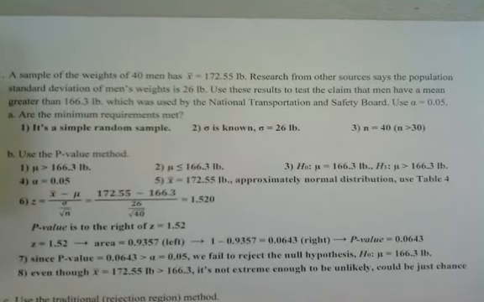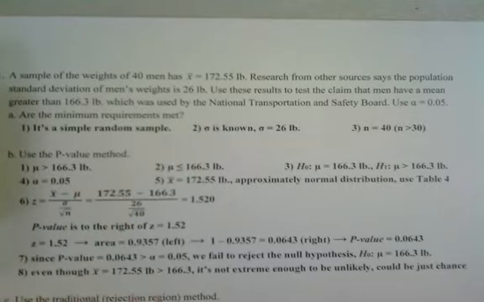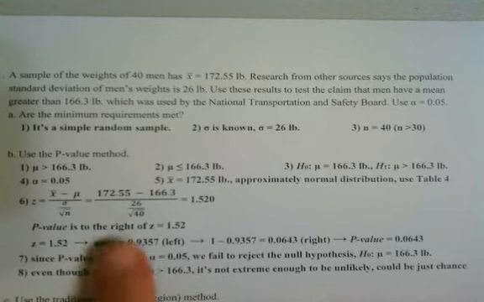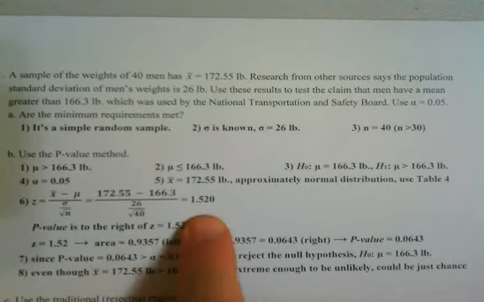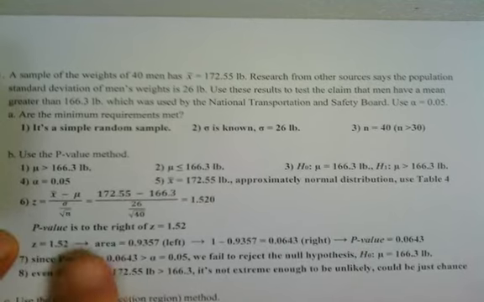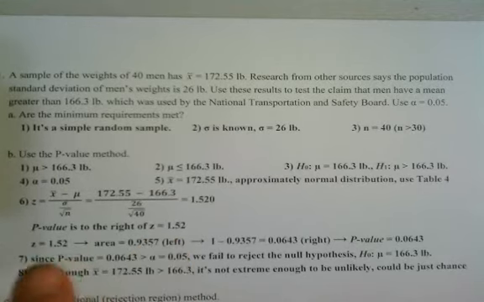Step 6, now we figure out our test statistic. So 172.55, that's from the sample. 166.3, notice that's from the claim. 26 over the square root of 40, we get a 1.52. The p-value will be to the right because of the greater than. The p-value will be to the right of z equals 1.52. So what area is that?